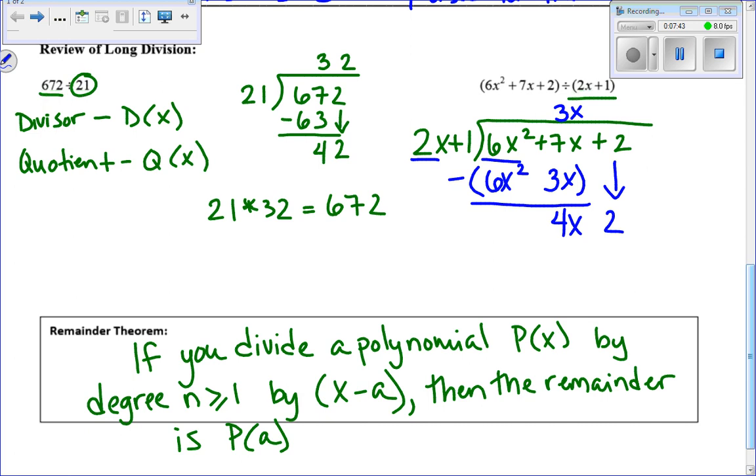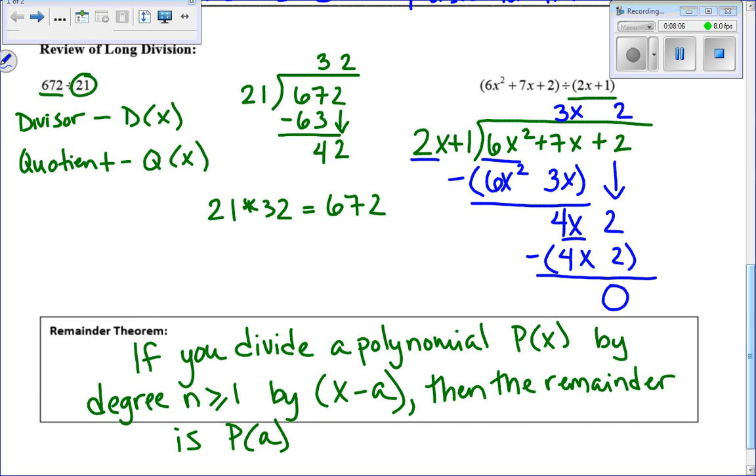Now you're looking for whatever you have to multiply 2x by to get 4x. 2x times 2 gives you 4x. So 2 times 2x is 4x. 2 times 1 is 2. You're subtracting this entire value from what is above, and you should get 0.